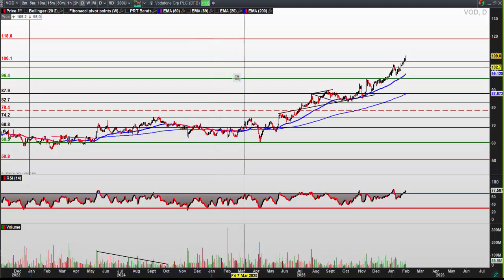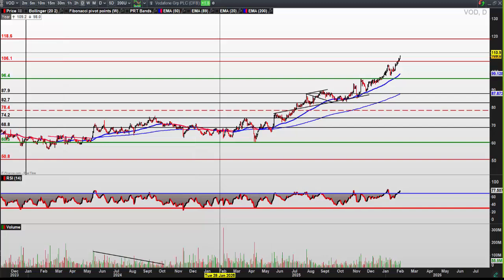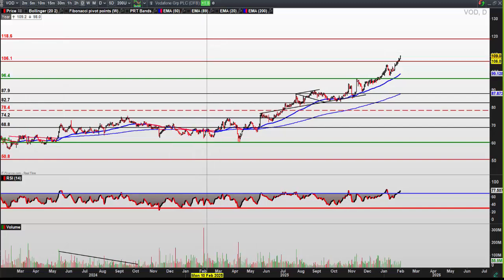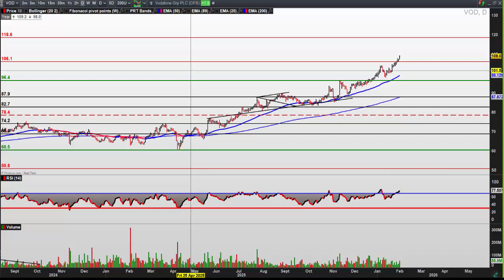I think next stop is 118. RSI is getting extended, but that's doing very well.